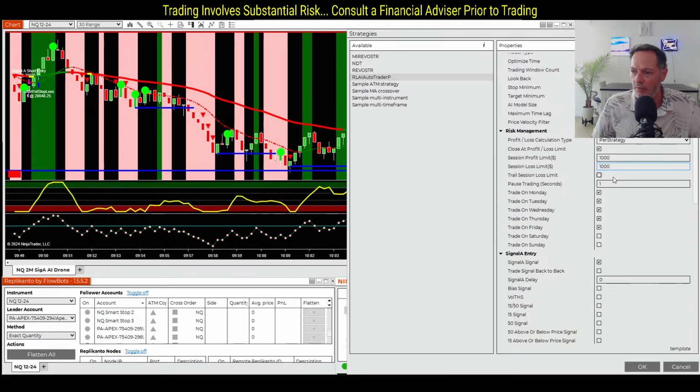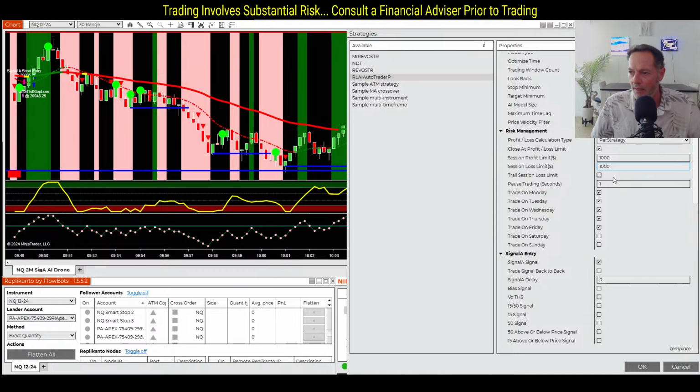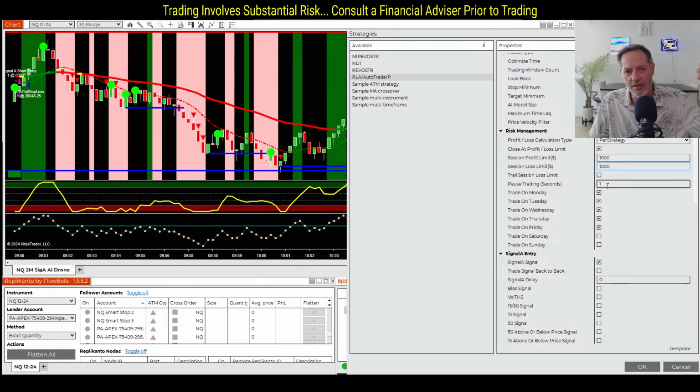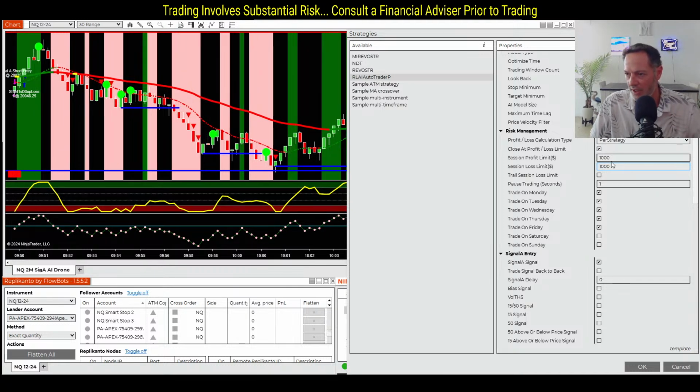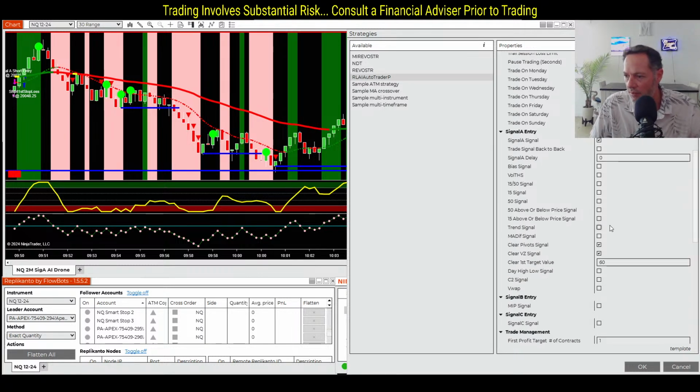A few people wanted some risk management technology, so we've developed quite a few features here. You can trail your session. You can close it at the profit limit. These are all numbers that are available for you to do your own personal risk management. For me, in this account that I'm going to trade right now, I'm willing to lose $1,000 and hope to win $1,000. So that's kind of the settings that I'm going to put on this one.